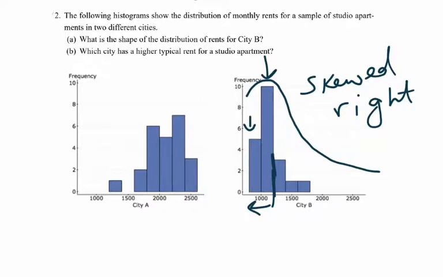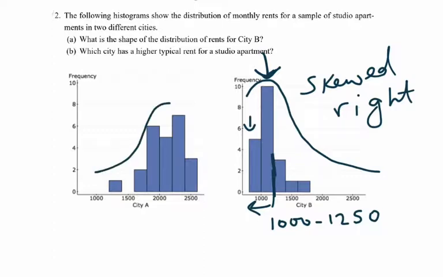Part B says, which city has a higher typical rent for a studio apartment? So for city B, I would say you can probably look at this tallest column in your histogram, and it looks to me like the rent in that column would be somewhere between $1,000 and maybe $1,250. So maybe $1,000 to about $1,250 for the typical apartment there. Now for City A, you can see that the graph is, I would actually say this is maybe skewed left, you could argue.